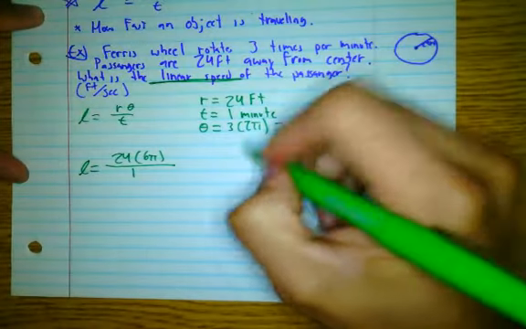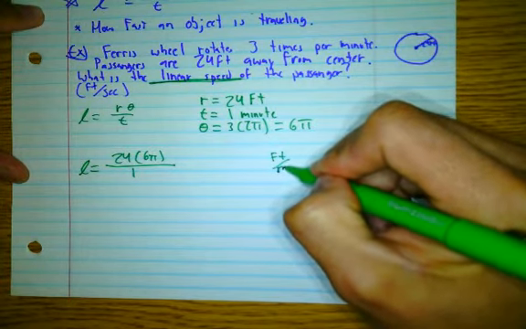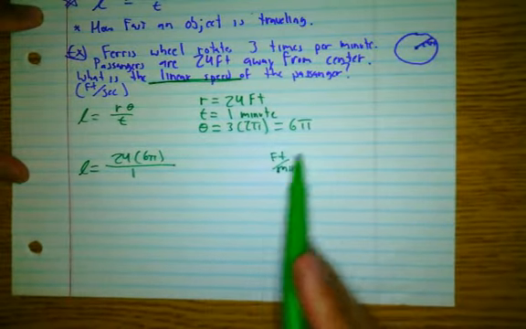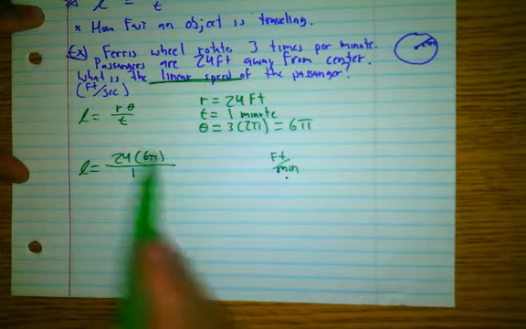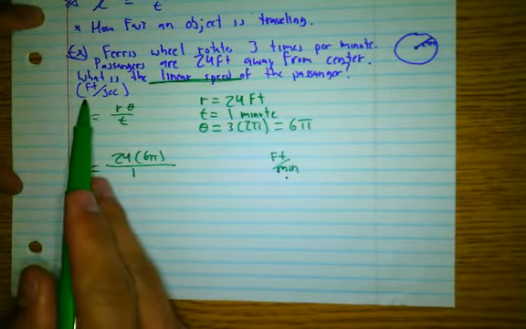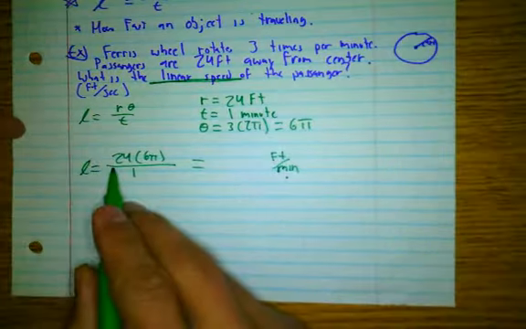It would be feet per, is it second or minute? Minute, look, I have it in minutes. Now, that is what you would get with these numbers. However, it asks you to have it in what? Feet per second. We'll take care of that in just a second, but can we figure this out at the moment? We sure can. 24 times 6 is what?